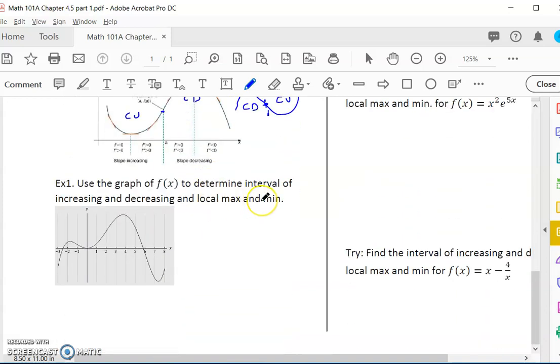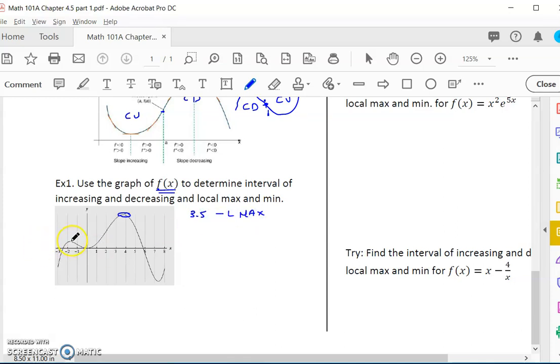Okay, so let's look at a graph and identify them. In this particular one, remember, this is the graph of f of x. We want to see when it's increasing, decreasing, and where the local max and min are. I think local max and min are very easy to do. Look at those tops, right? So x equals 3.5 is a local max.